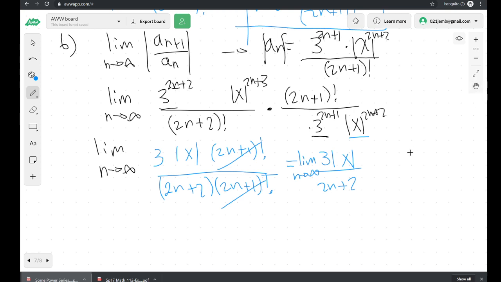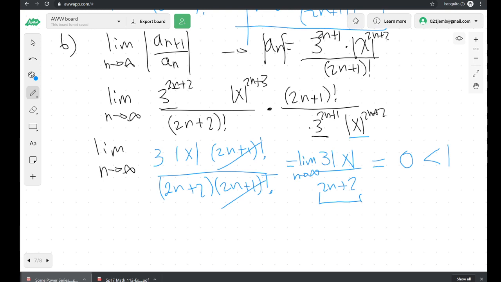So we're going to find that the limit as this goes to infinity approaches 0. Okay, this simply goes to 0. And what happens when this goes to 0? Well, according to the ratio test, if this is less than 1, that means that this a sub n will converge absolutely for any values of x.